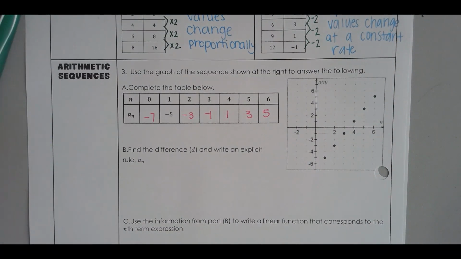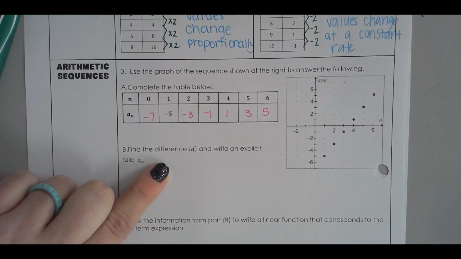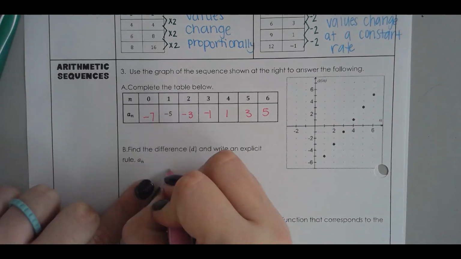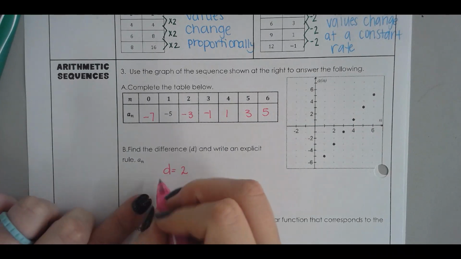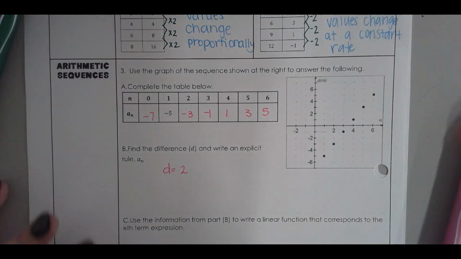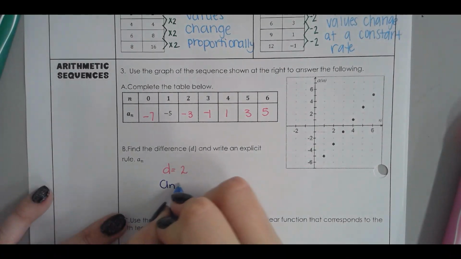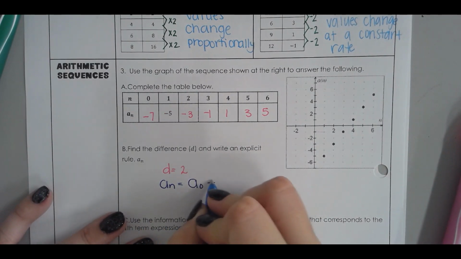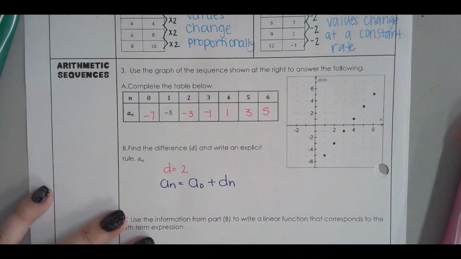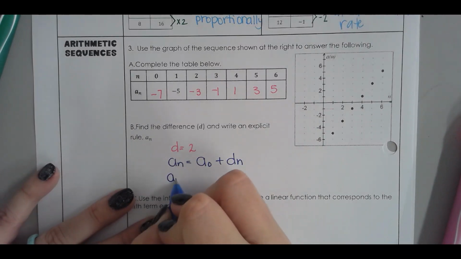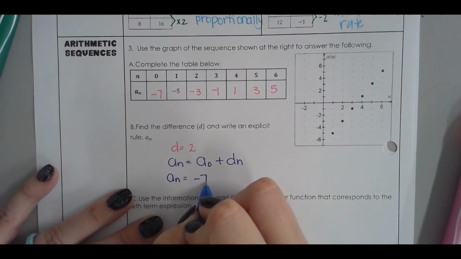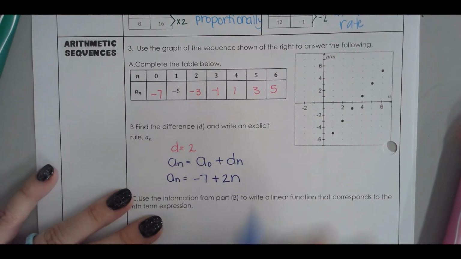So what is my common difference? 2. And my formula, a_n equals a_0 plus dn. So -7 plus 2n.